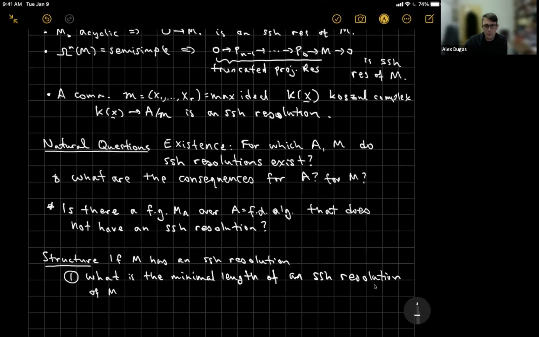And I should stress here that SSH resolutions are always finite by definition. Or we can also ask, what is the minimal length of the homology?